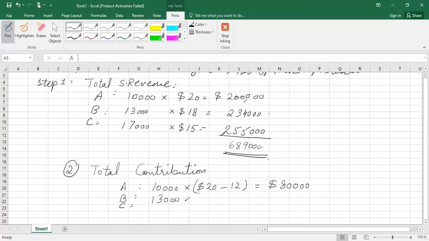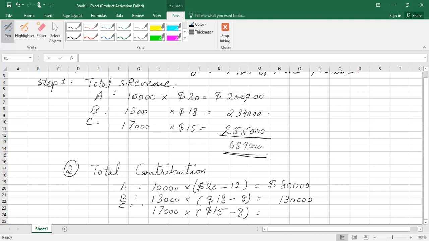Suppose for B, 18 minus 8 is variable cost. So 10 is the contribution per unit into 13,000, 130,000. For C, 17,000 into what? Into 15 minus 8.